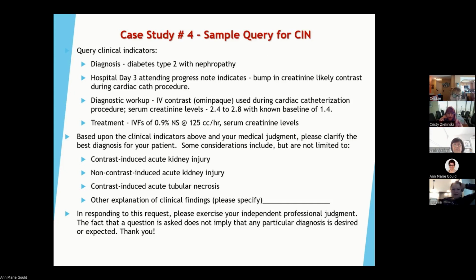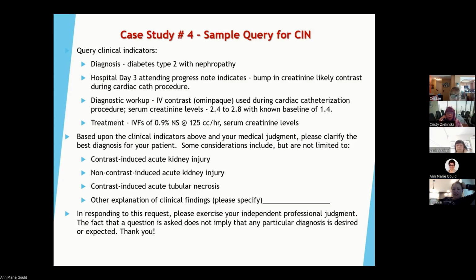On the third one, the contrast-induced ATN, would we want to say AKI with ATN? Yeah, you can do it that way too. You would need another day of labs before you could ask for ATN, though, wouldn't you?